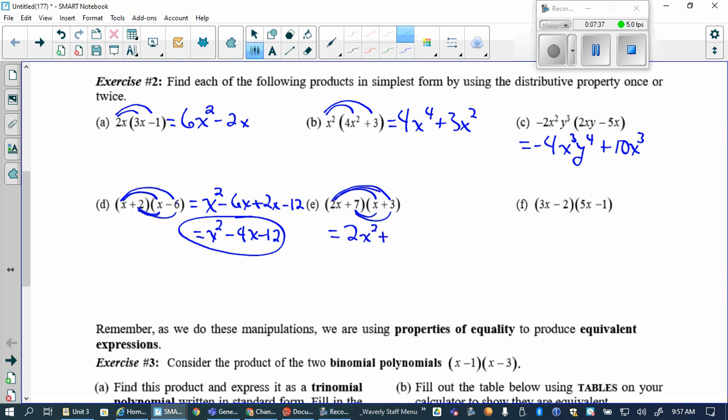Plus what? 6x. And now you distribute the 7, and you get what? 7x plus 21, right? Now I have like terms to combine. So it gives me 2x squared plus 13x plus 21. Okay?